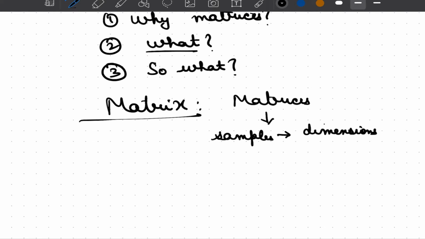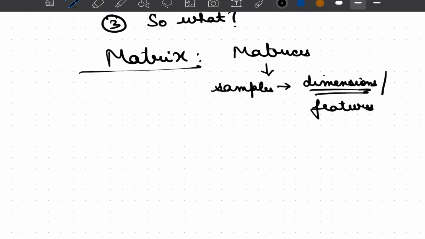Sometimes these dimensions, in the context of data science and machine learning, are also referred to as features. These dimensions should not be confused with the dimensionality of vector spaces that we have discussed in the units before. These dimensions represent attributes. For example, if we want to build a house price classifier, these attributes would be the number of bedrooms, number of bathrooms, size, distance from the best school in the locality, and so on.